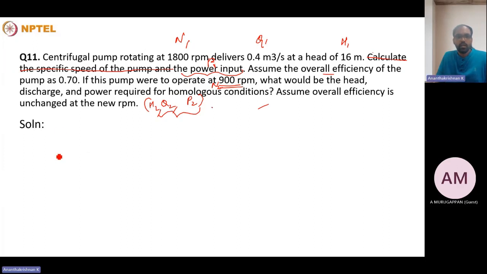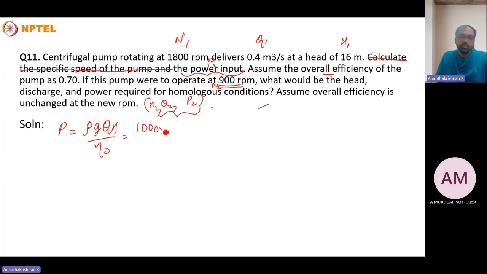In this particular problem, we can calculate the power. Input power is equal to the actual head developed divided by the overall efficiency. So that will be rho g Q H divided by overall efficiency.